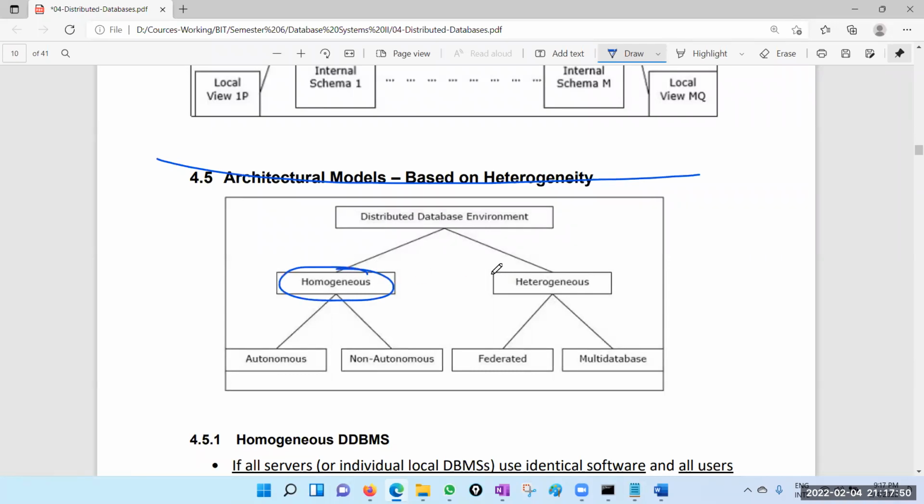So it can be either heterogeneous or homogeneous. So homogeneous means it is of same technology, same vendor. Heterogeneous means they are from different vendors. Okay. And homogeneous you can subdivide into autonomous and non-autonomous. Heterogeneous we can subdivide into federated and multi-database.